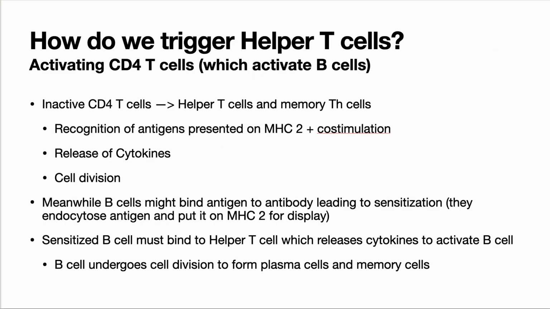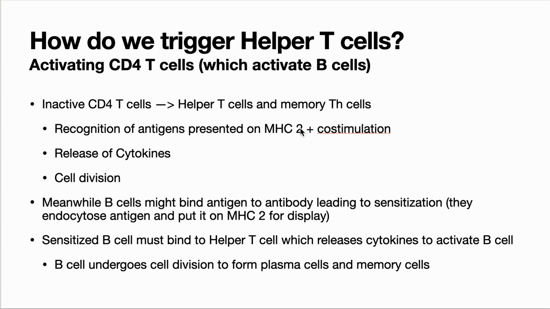Okay, so I mentioned on an earlier slide helper T cells. So how are we going to activate these cells? It turns out that these cells are really important because they are also going to help us activate B cells, which are responsible for that other type of adaptive immunity. So to activate CD4 T cells or helper T cells, they are going to need to recognize antigens presented on MHC2.